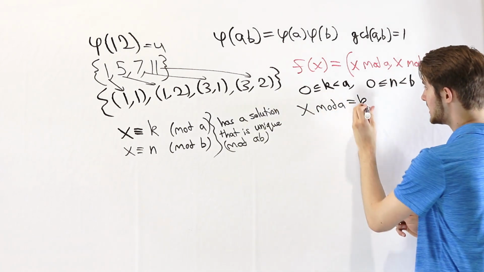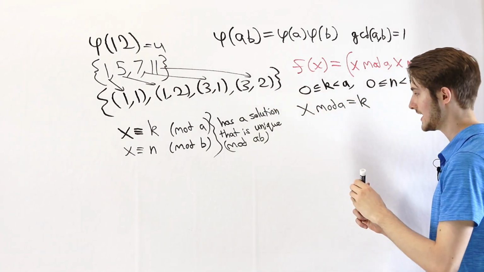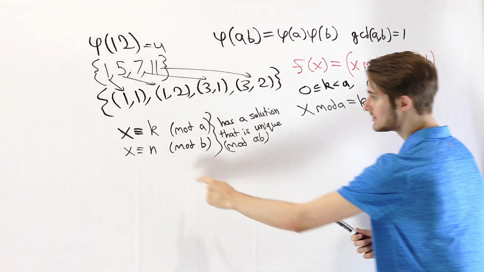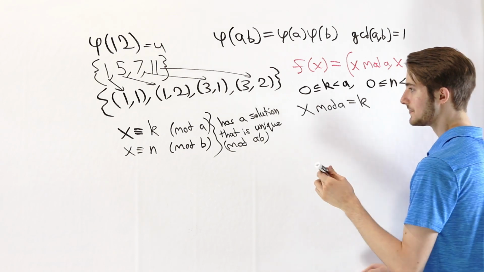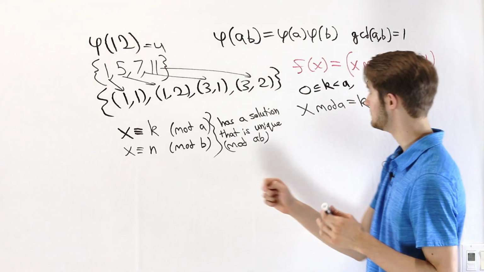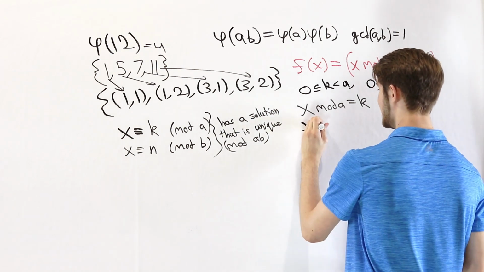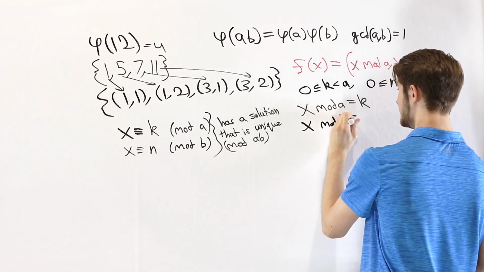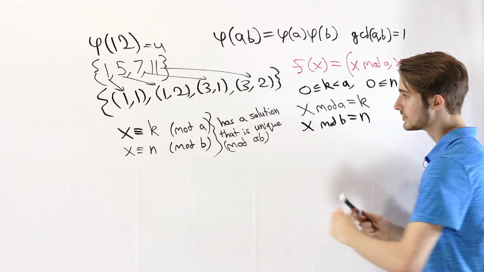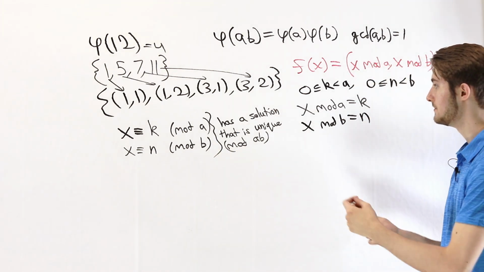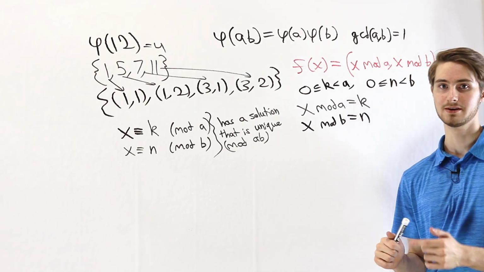So this is saying that when we reduce x mod A, we get k as our result. We can do the same thing with this second congruence. If x is congruent to n mod B, and n is between 0 and B, we can say that x mod B equals n. So these two are the same thing. They're both talking about the remainder of x when we divide by B.